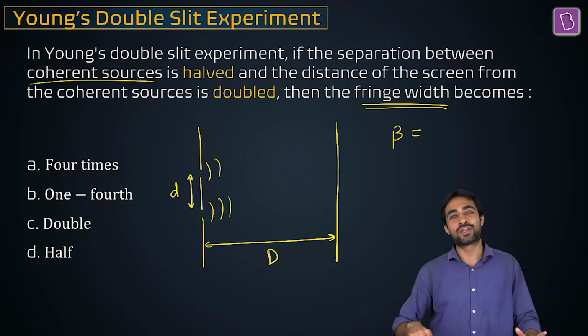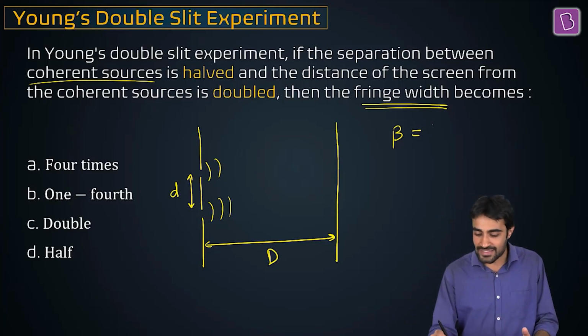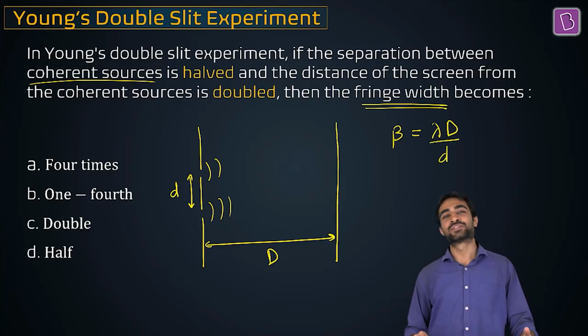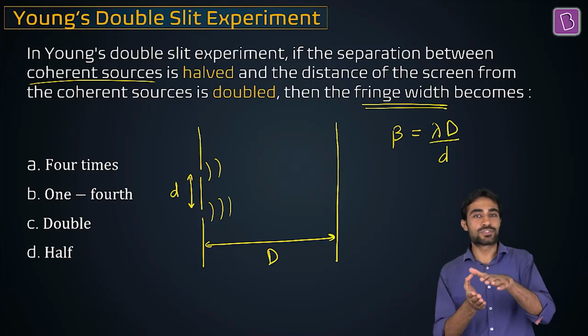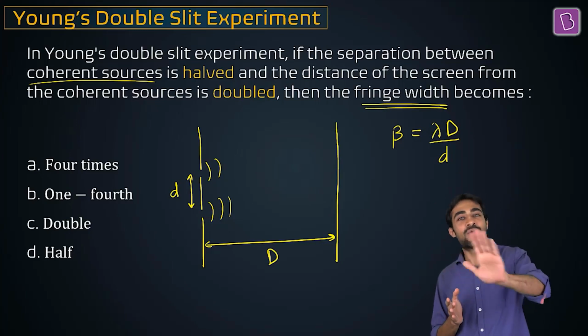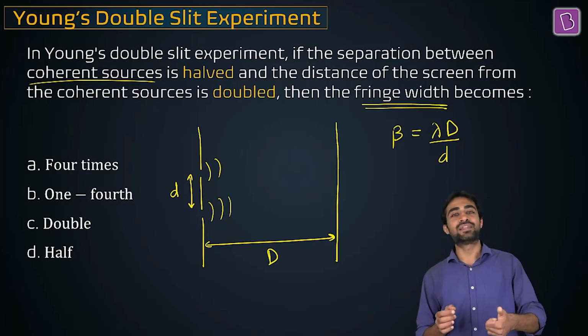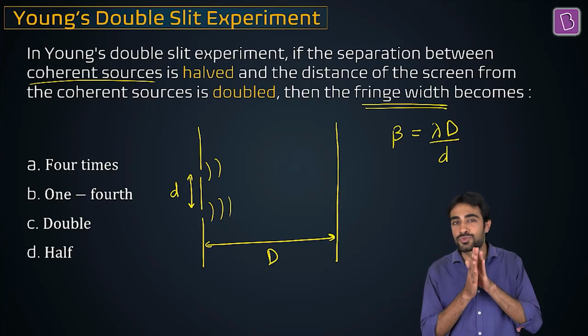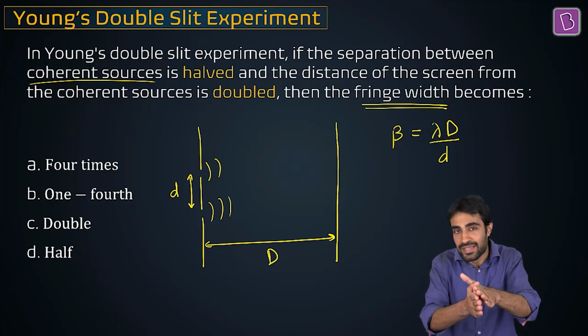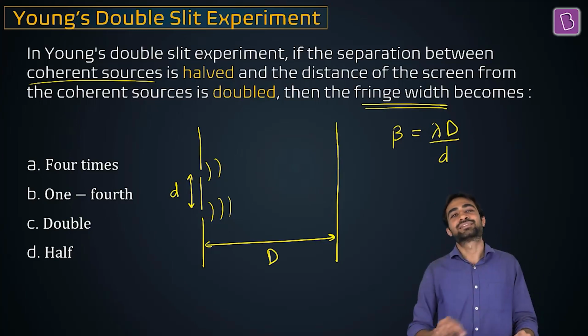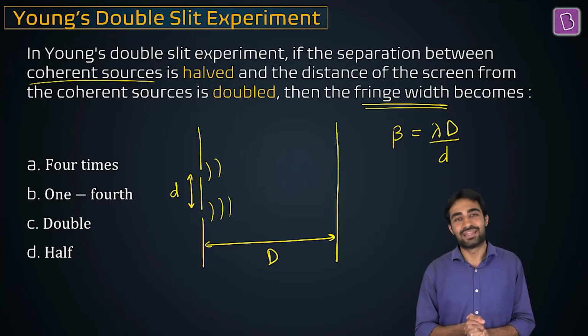So this is beta. What is the formula for beta? This is lambda capital D divided by small d. So if we move the sources farther away from the screen, beta increases. If we move the sources closer to the screen, then the fringe width decreases. So this is how beta varies.